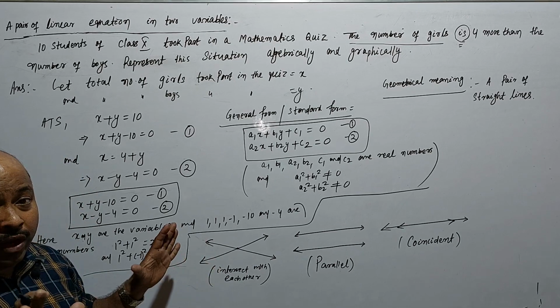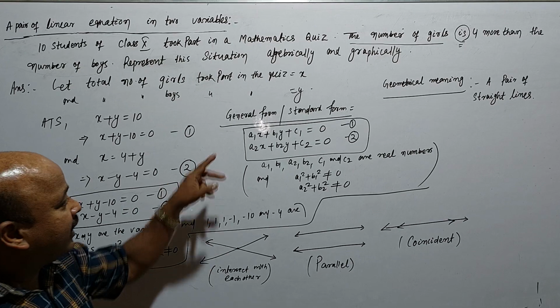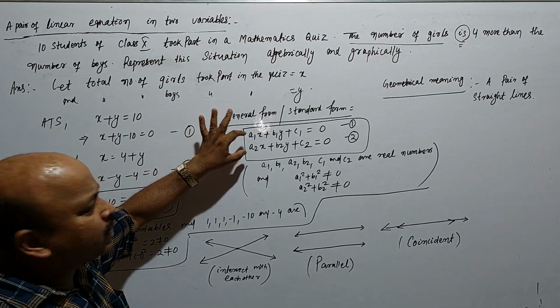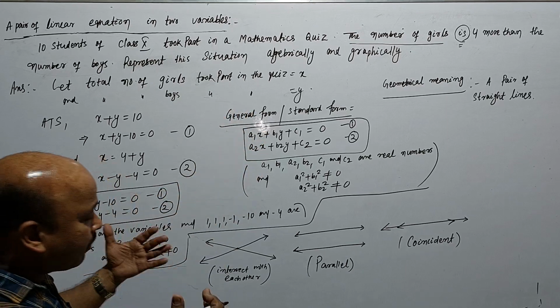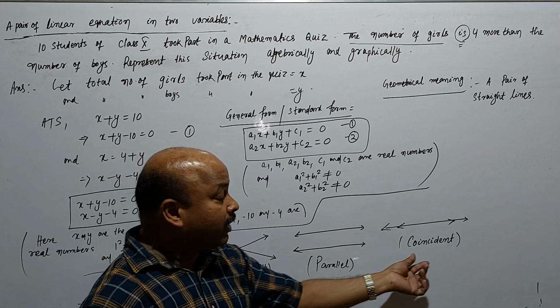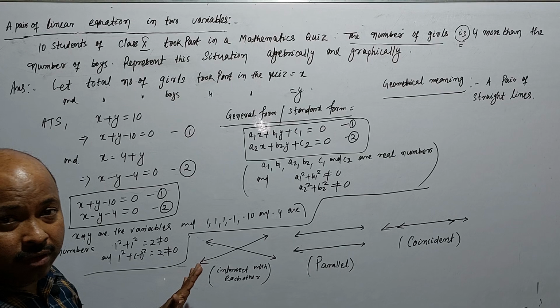We do not conclude now, we just assume that a pair of straight lines are there. These two equations represent two straight lines. That means we just imagine that they may intersect with each other, be parallel, or be coincident. I am now going to prove how it is possible.